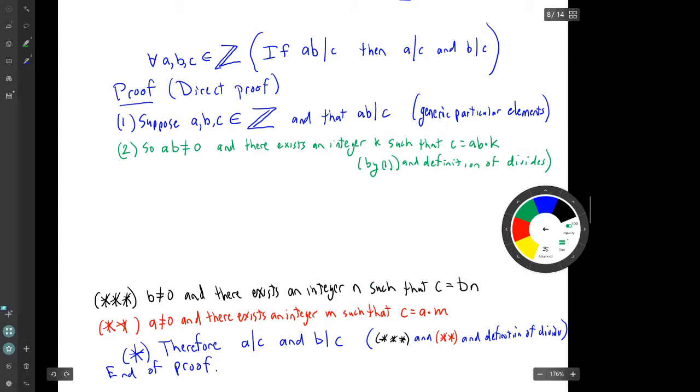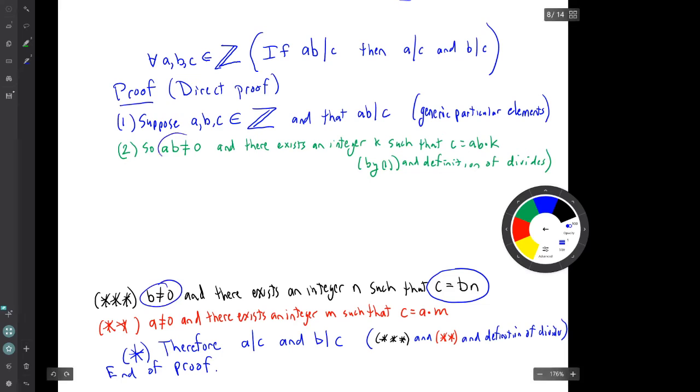All right, now how can we fill this gap? Well, look forward to where we need to go. We need to have an equation that says this: C equals B times N. Well, hey, look backwards. We know that that circled equation up there is true. We also need to know that B is not 0.